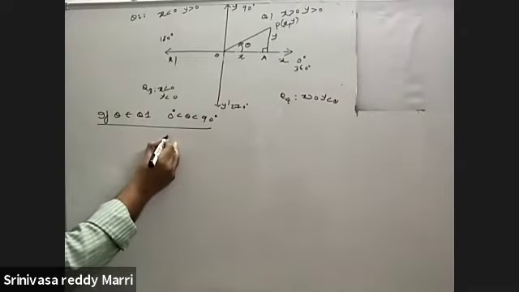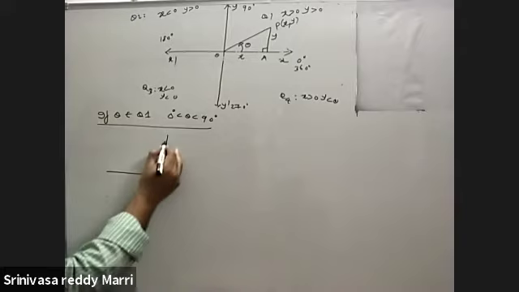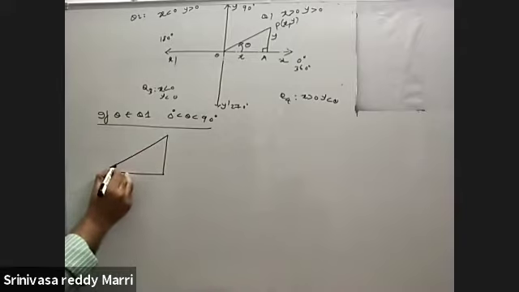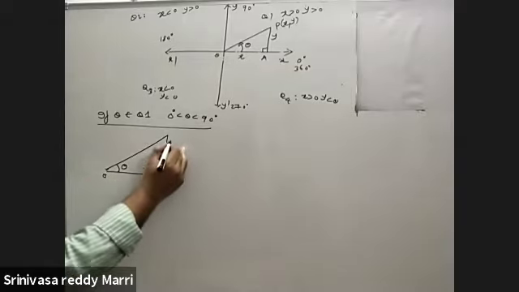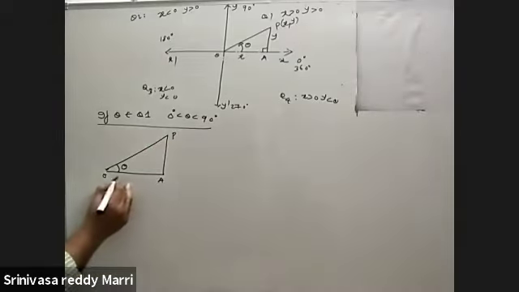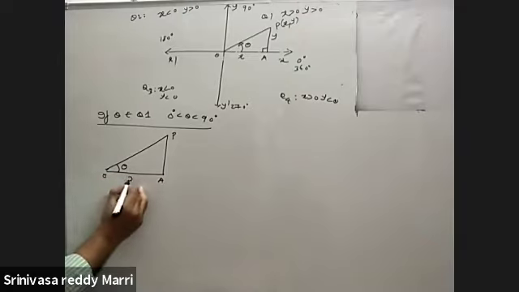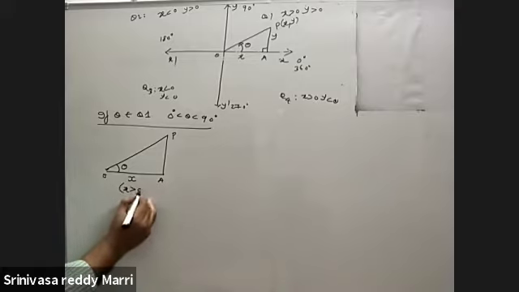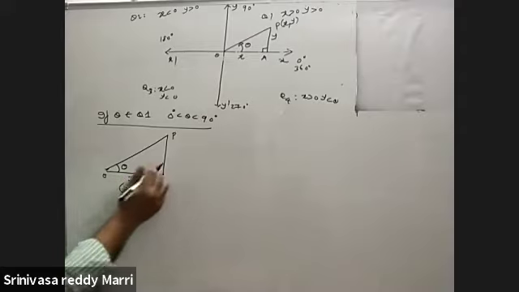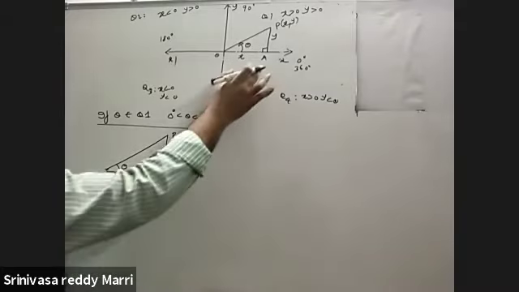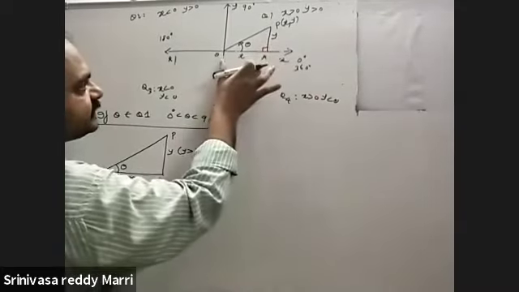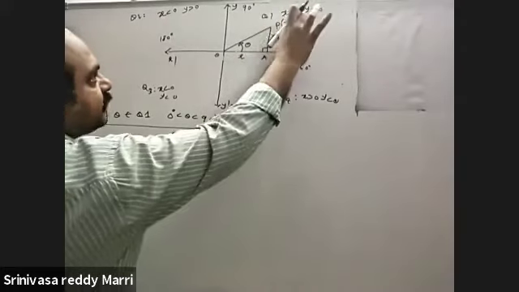That means in quadrant 1 the position will be like this. Look at the triangle, this is theta. Theta is an acute angle. This is O, this is A, this is P. This is a right angle triangle. Horizontal to theta, we will always write x. Here x positive, and here y positive.